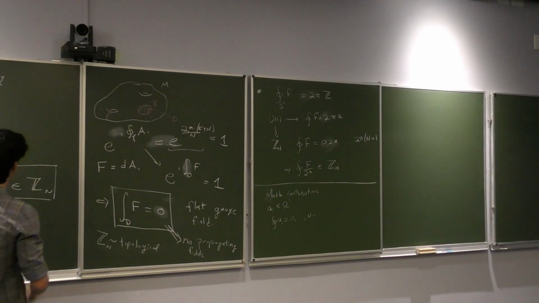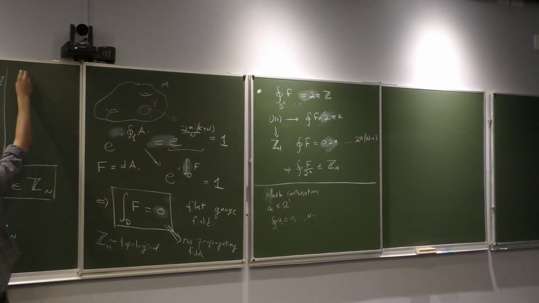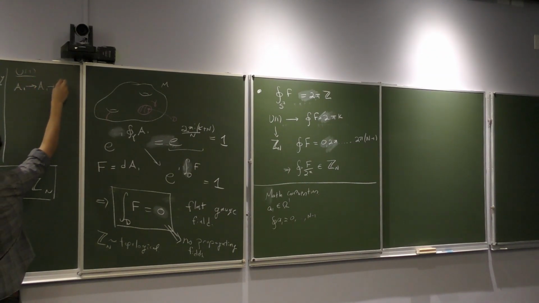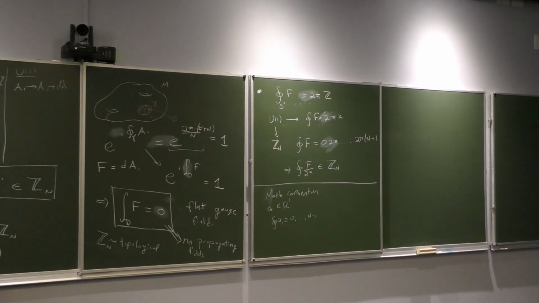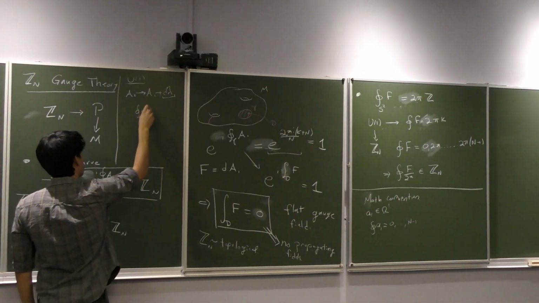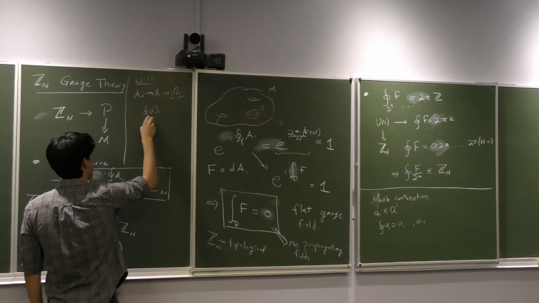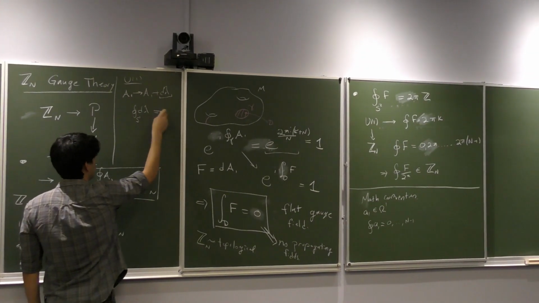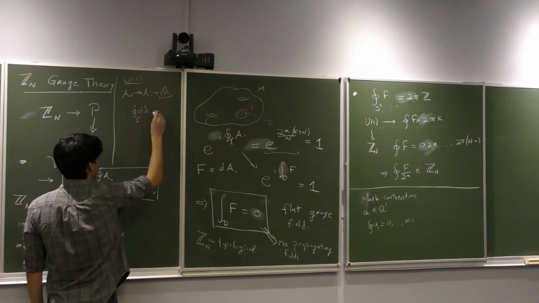So for a U1 gauge field, you're allowed to shift A1 to A1 plus d lambda, as we know. This is our gauge redundancy of a U1 gauge field. And you're allowed to pick a lambda so that the integral of d lambda on some S1, for example, is integer valued.